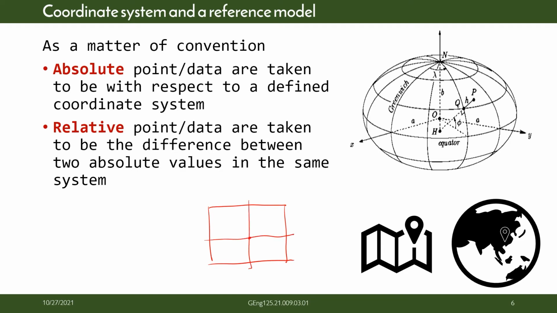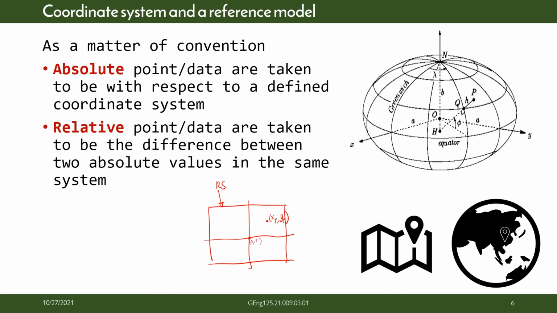When we say absolute, you have your point here with known coordinates. This is your reference system and this is your point. That is an absolute point, with respect to your reference system. This is your origin.